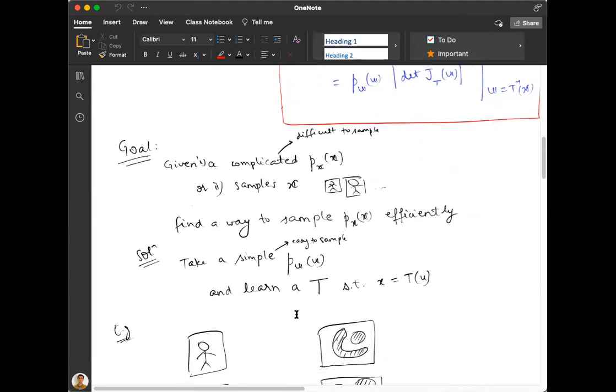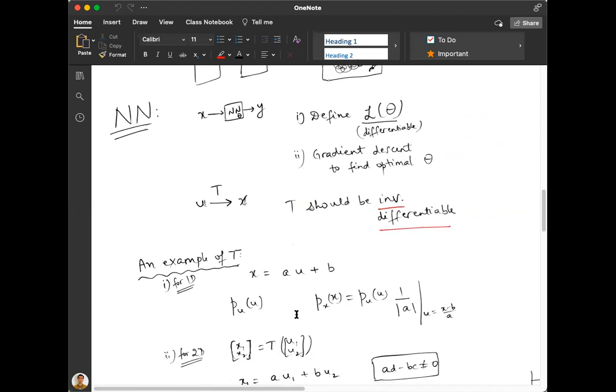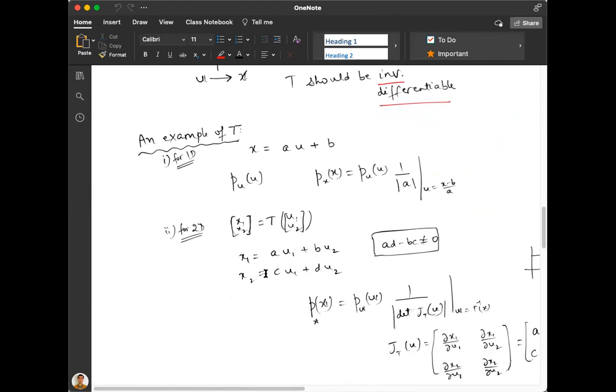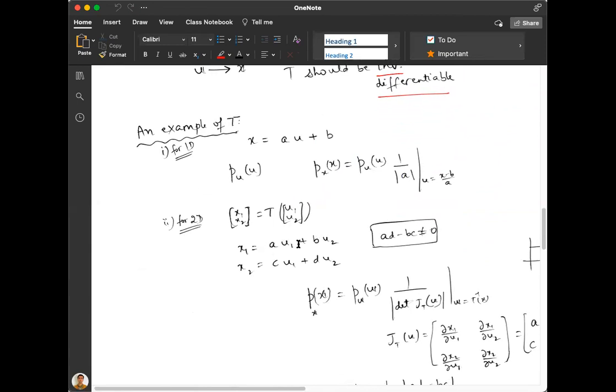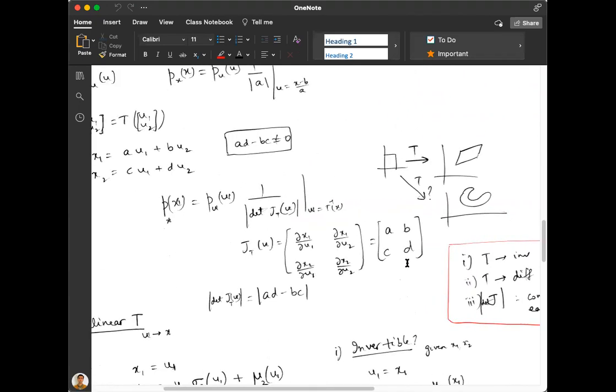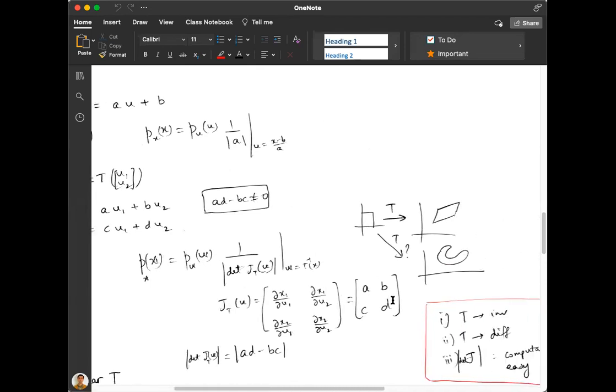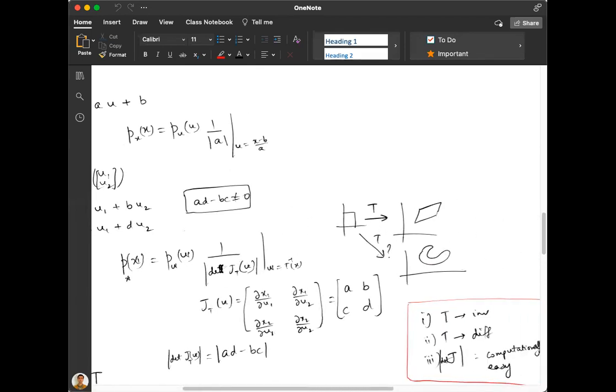We started with a very simple invertible form, which was simply a line. Line means your x is equal to au plus b, basically a linear transformation. And we found out that the determinant, etc., are very easy to compute. But the thing is, a linear transformation can be very limiting in the sense that it is very less expressive.